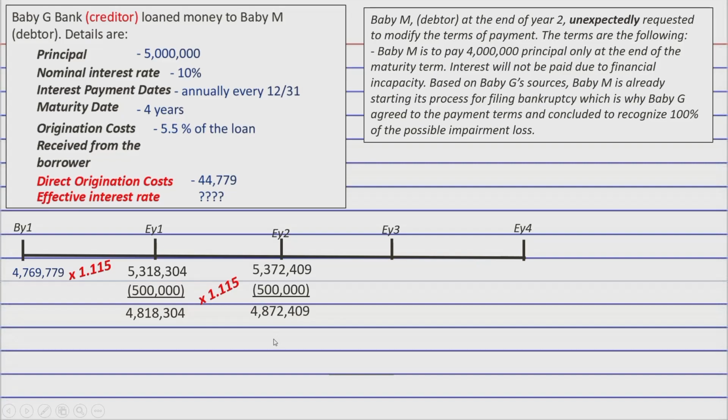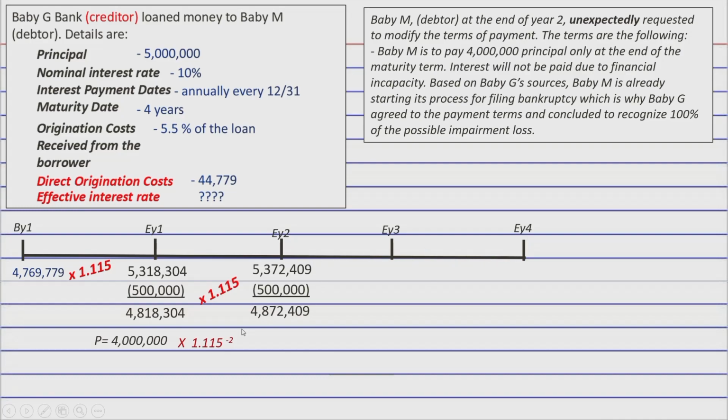So, what will happen? Well, you need to get the present value of the revised future payments, which is again 4 million based on the new promise of Baby M. So to get the present value, you need to multiply this with 1.115 raised to the power of negative 2. Because again, 2 years has already passed, and also there are 2 years remaining up to the maturity date.